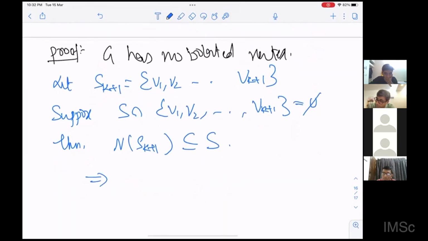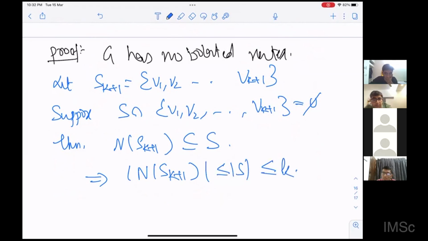This implies that this is bounded by S, which is at most k. Then, if we pick any vertex from the neighborhood of S_{k+1}, that degree will be at most the degree of v_{k+1}. I didn't get this.